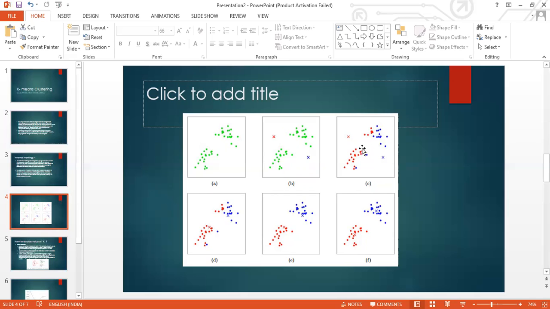The mean will be calculated based on the x axis and y axis. So the mean will fall at the middle point of the whole cluster. The same thing will happen for the blue cluster also.